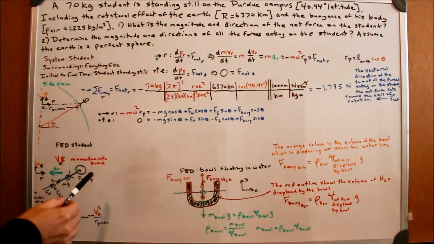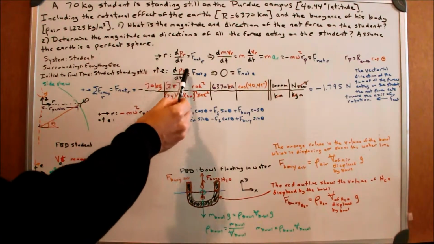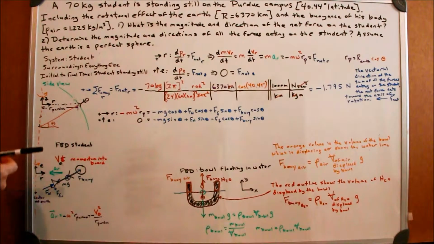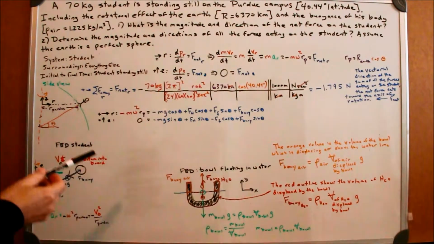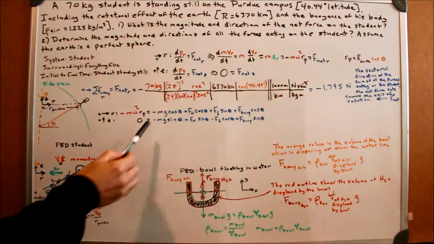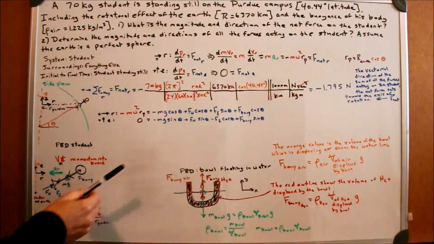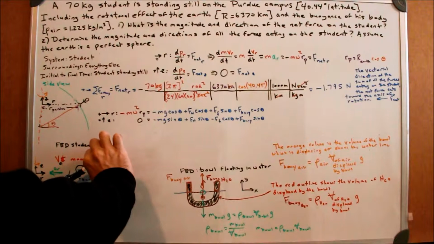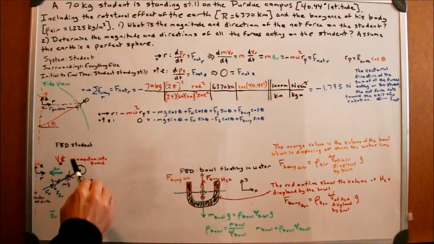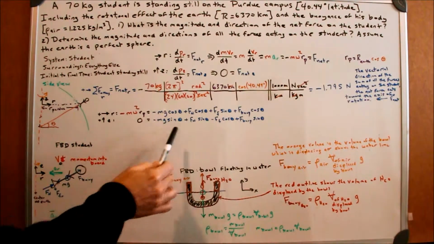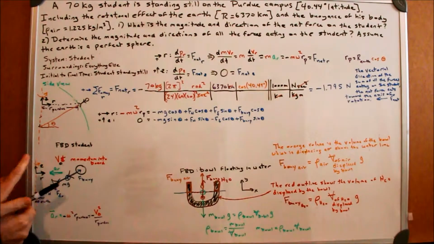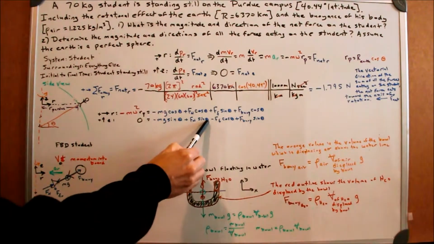Now looking in the z direction, we said that this term is 0. It doesn't accelerate up and down or have a change in velocity or change in mass in the z direction. So that was 0. And now again, the gravitational force has a minus z component. The normal force has a positive z component.